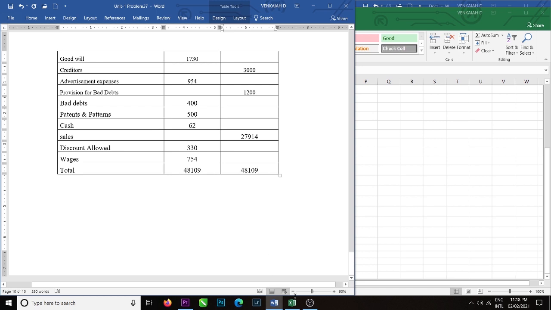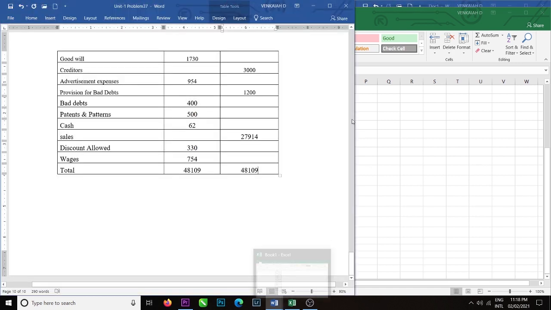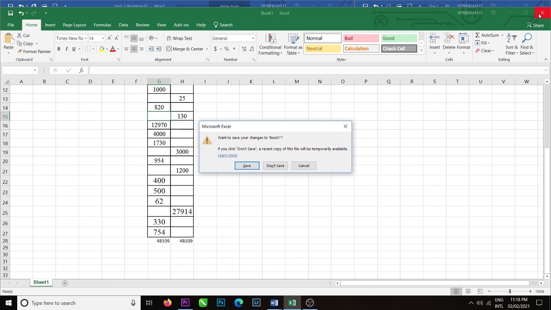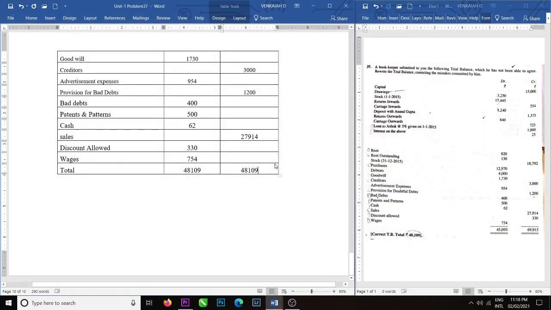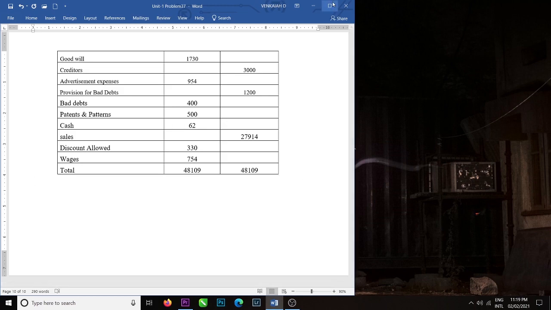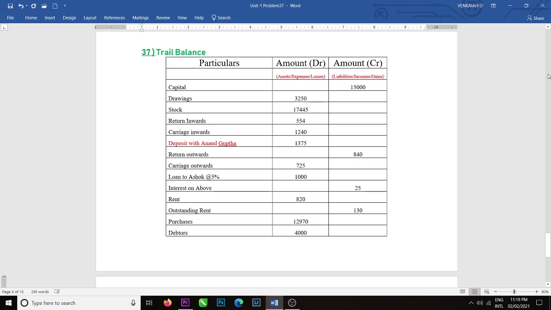Okay, students, with this we completed trial balance, and from next class onwards we are going to enter unit 2, that is subsidiary books. Many ledgers we would have to prepare. Instead of that, we prepare only cash account, and all credit items are posted into separate ledgers opened for that.